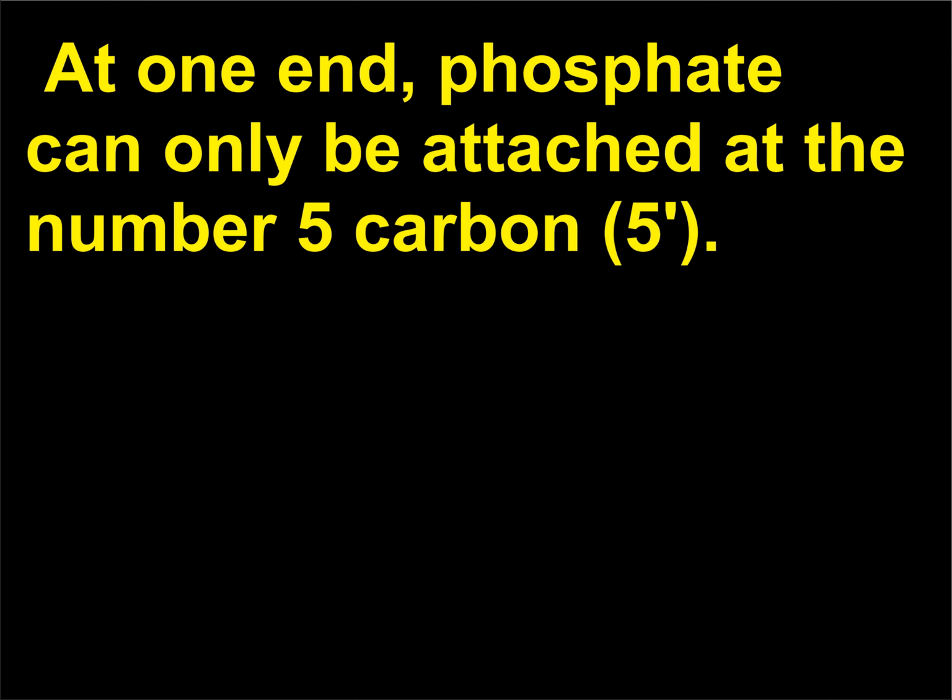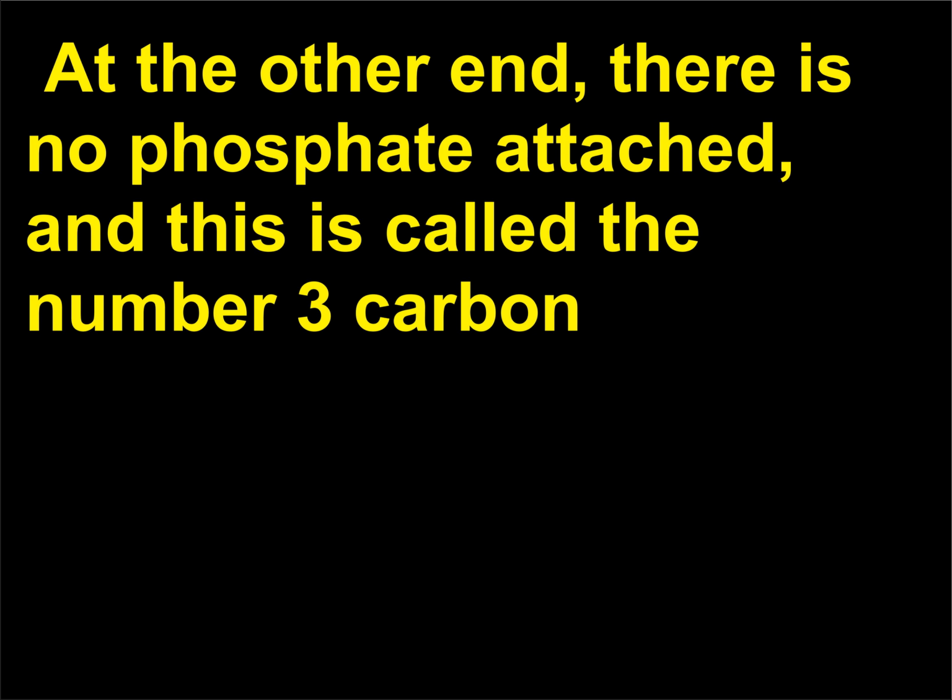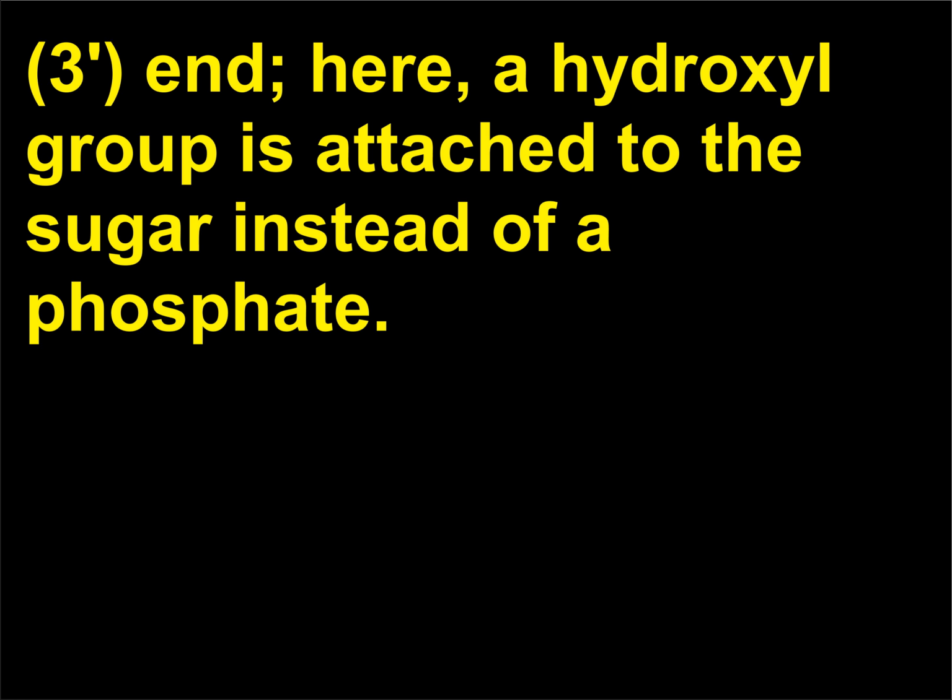At one end, phosphate can only be attached at the number 5 carbon, 5'. At the other end, there is no phosphate attached, and this is called the number 3 carbon, 3', and here a hydroxyl group is attached to the sugar instead of a phosphate.